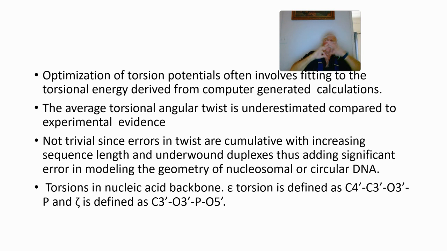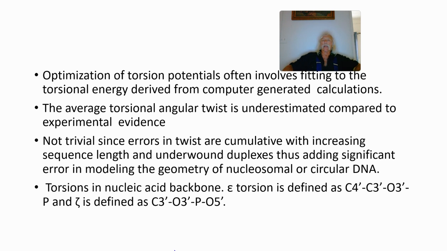It's going to be underestimated compared to experimental evidence. That's not trivial since the errors in the twist are cumulative with an increasing sequence length, obviously, and underwound duplexes, thus adding significant error in modeling the geometry of the nucleosomal or mitochondrial, for example, circular DNA.